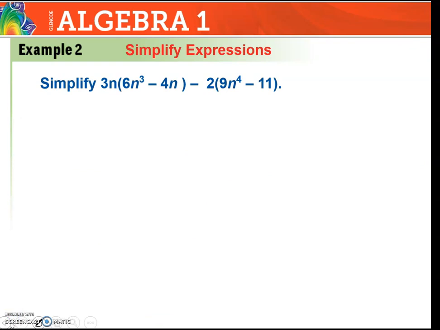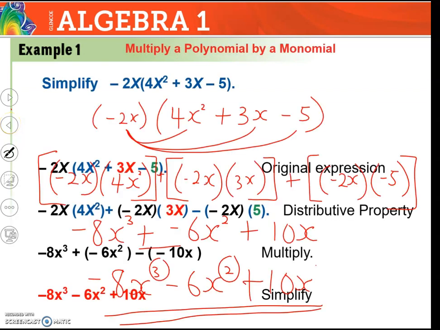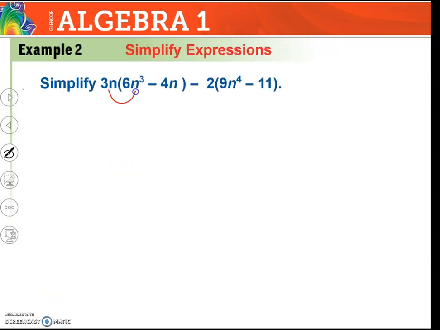Simplify the expression. So in that, 3n multiplies 6n cubed, and that also multiplies that, and we have negative 2 multiplying 9n to the power 4 and negative 2 multiplying negative 11. So a quick one, 3n times 6n cubed will give us 18n to the power 4, and 3 times negative 4 will give us negative 12n squared.